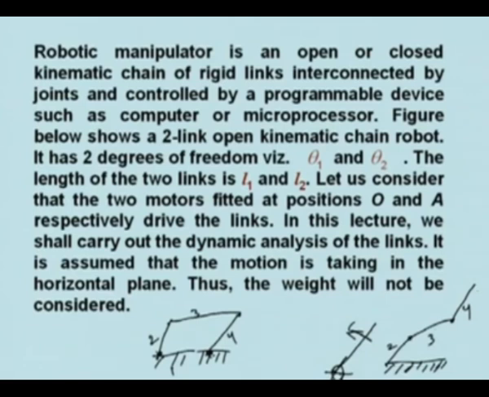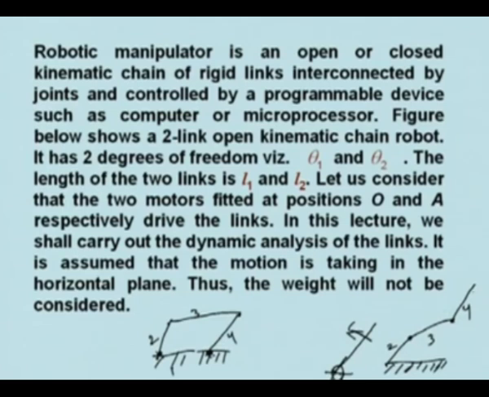This is link number 2, this is 3, this is 4, and they will have independent motion. I can put a motor here, a motor here, and a motor at link number 3. So this has 3 degrees of freedom because 3 independent motions are possible. So this is an open kinematic chain.